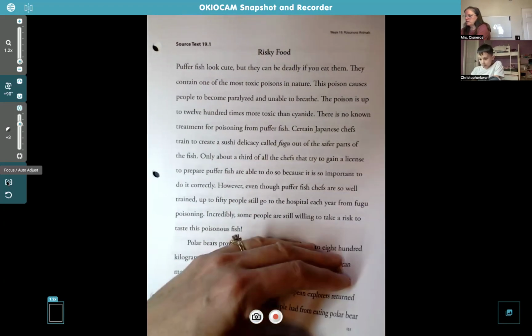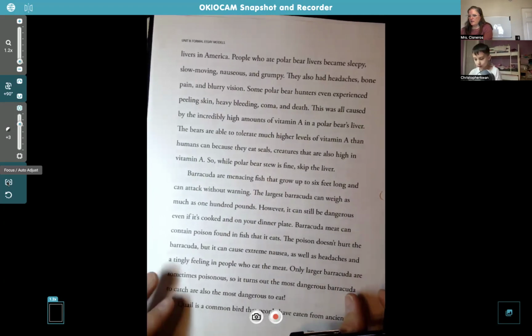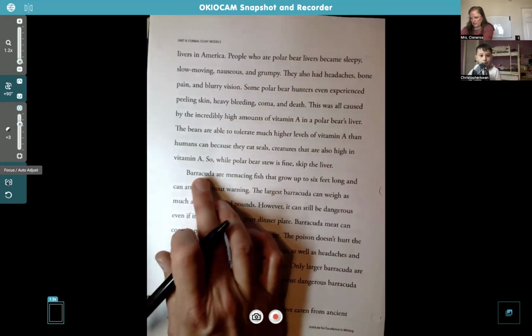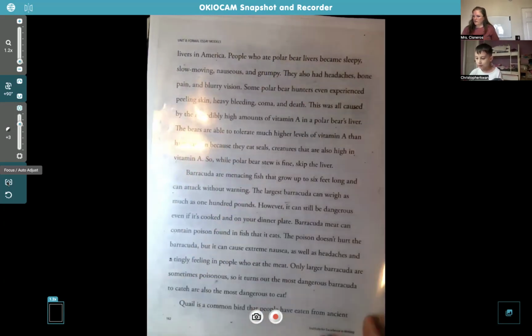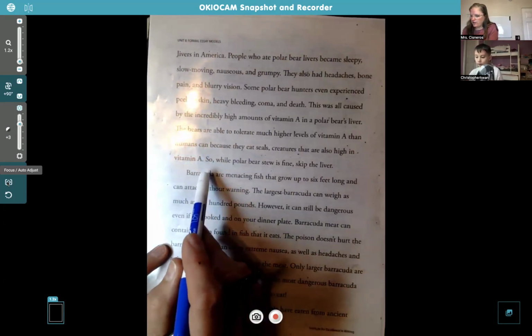Okay, I'm going to just turn the page over to the back. There's a lot to read here, but the next paragraph starts here. So read that first sentence of the next paragraph. Barracuda are menacing fish that grow up to 6 feet long and can attack without warning. Good. Okay, barracuda.